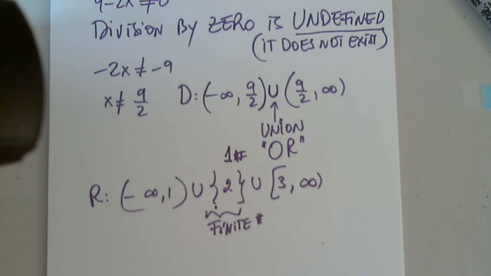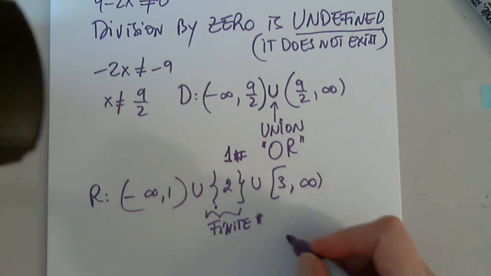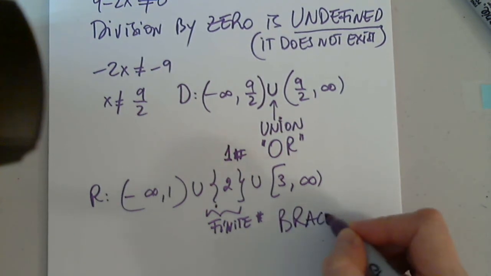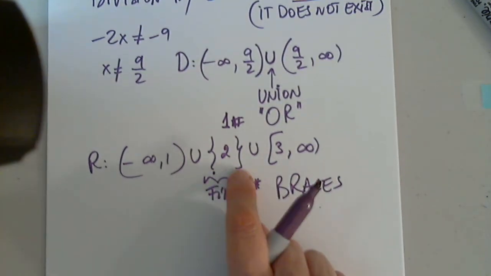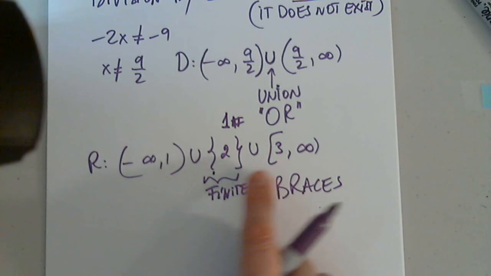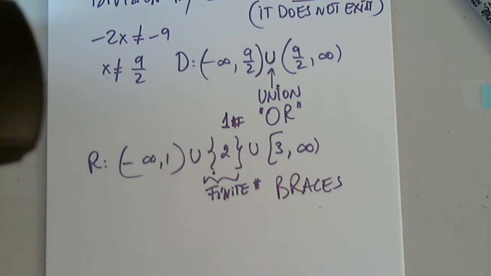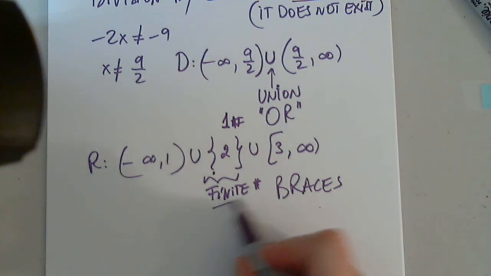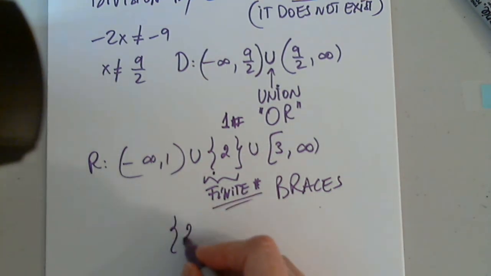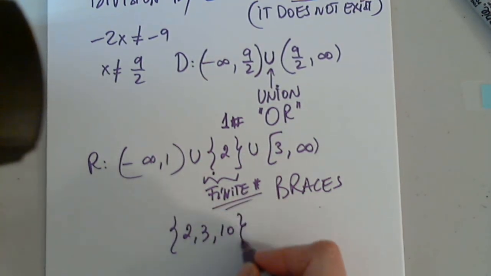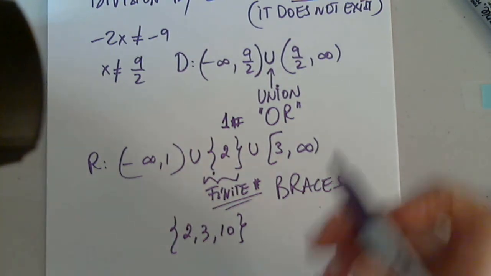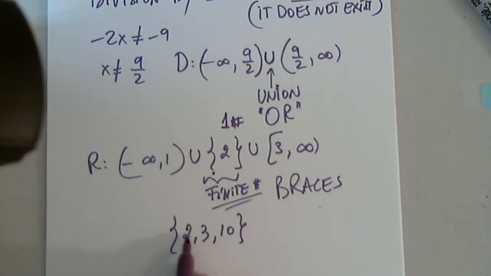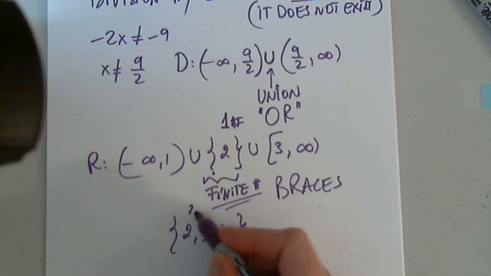What are the two things on each side of the two? Braces. Thank you. So these are braces, this is parentheses, and this is a bracket. Braces are for finite sets only. If I have a set with 2 and 3 and 10, I cannot use an interval because an interval includes everything between 2 and 3, but I don't have 2.5.